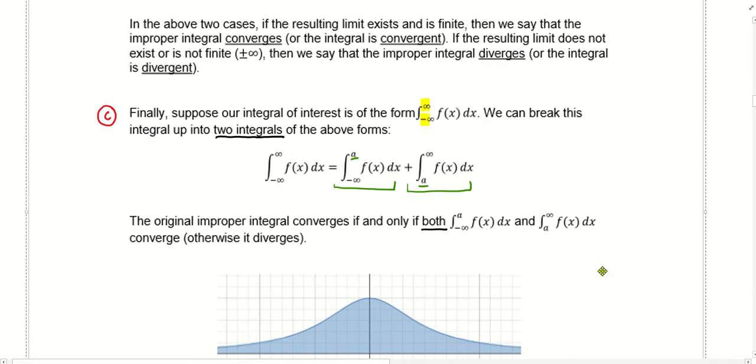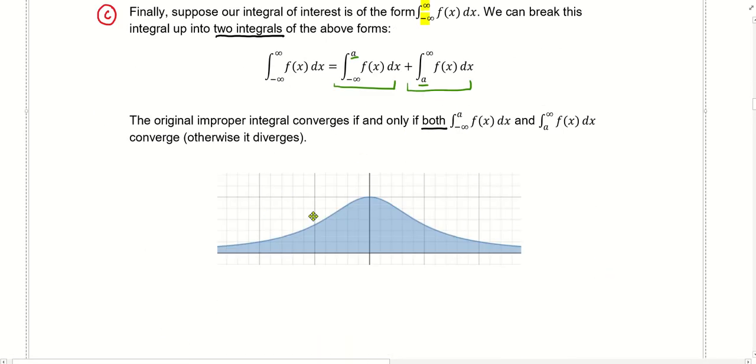So just as an example, let's say this is our picture of our function, and we're integrating from negative infinity to infinity. So this whole region, if this kept going and going off in both directions. And so what we do is we just pick a point. We pick an a somewhere on our region of integration, somewhere between negative infinity and infinity, so it can be anywhere.